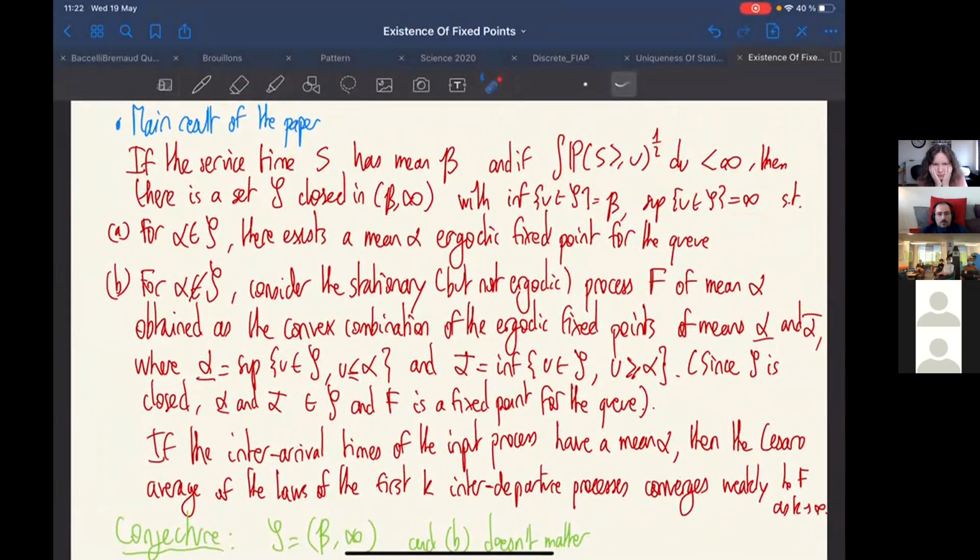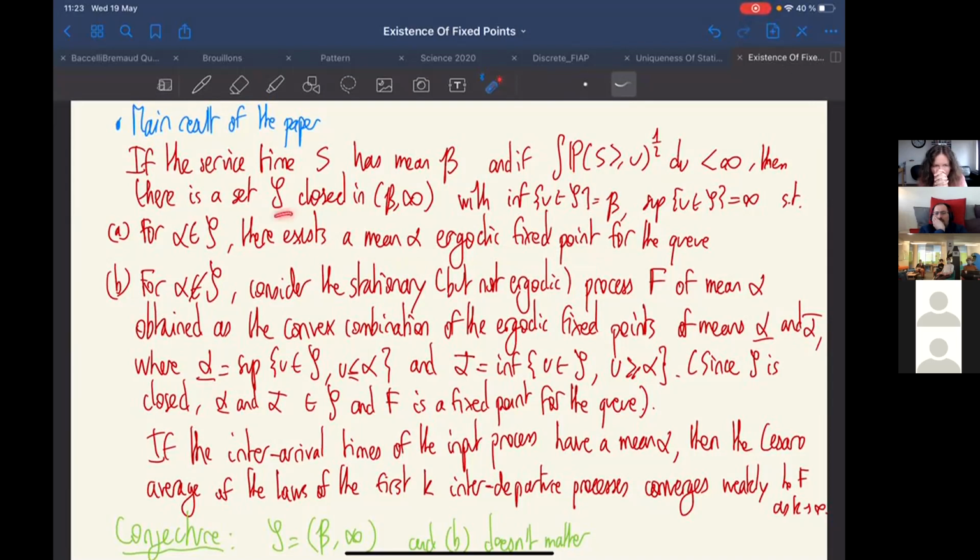So there's a set of values such that if you are in the set, then there is an ergodic fixed point for the queue with mean alpha, and of course by the existing results it will be unique and attractive. So this is the good case.